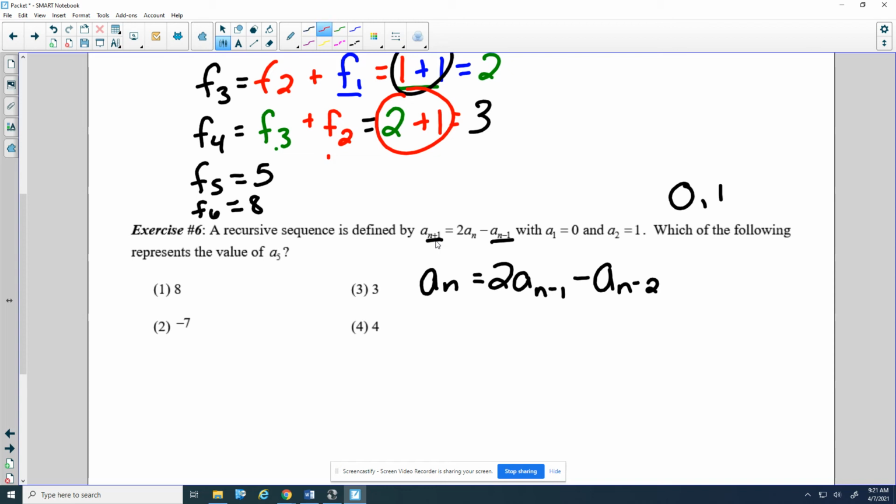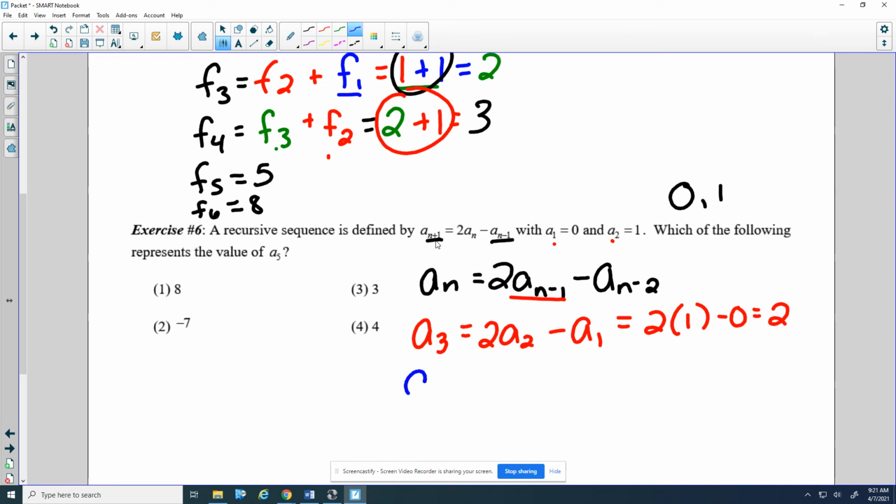So the next thing I have to find, I already have a sub 1 and a sub 2, is a sub 3. So I'm going to do 2 times the term before it, that's a sub 2, minus the term 2 before it, which is a sub 1. So we have 2 times 1 minus 0 equals 2.